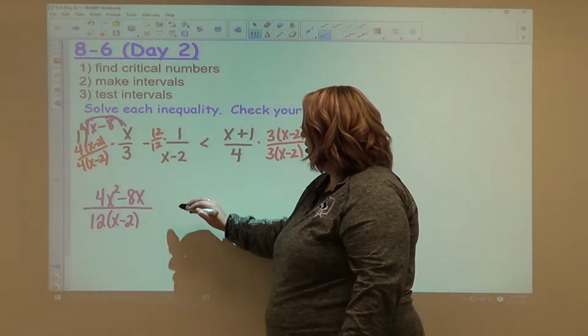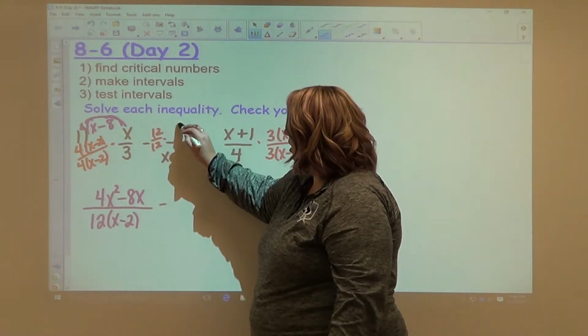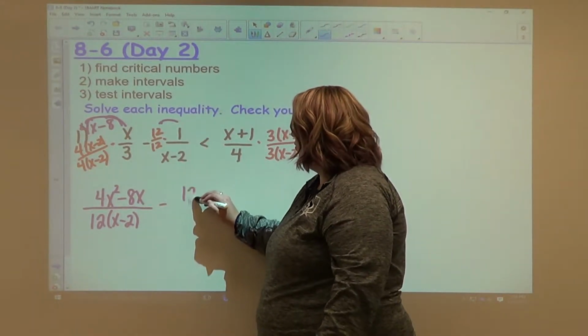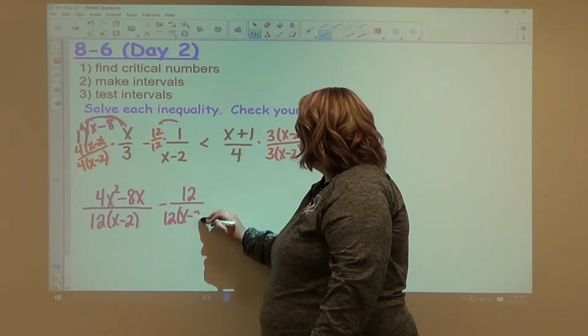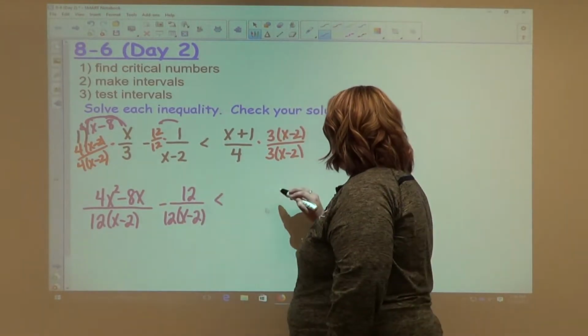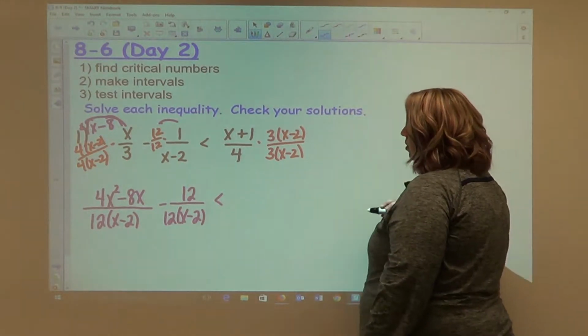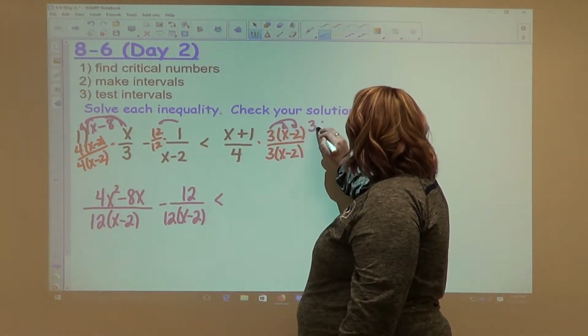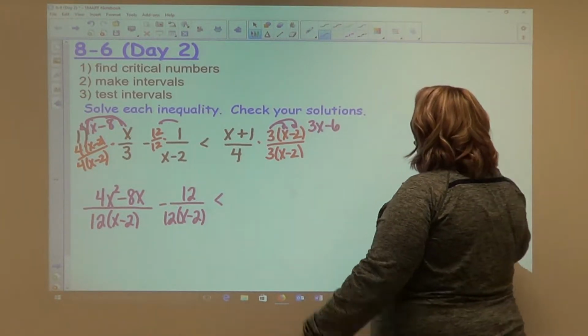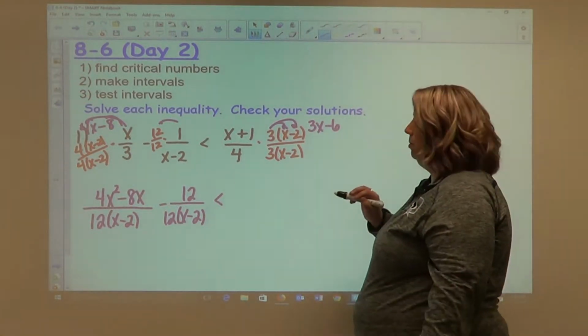Then I would have minus, if I multiply here, that would be 12 over 12 x minus 2, less than. Okay, this becomes 3x minus 6. So that's what I'm multiplying the x plus 1 by.